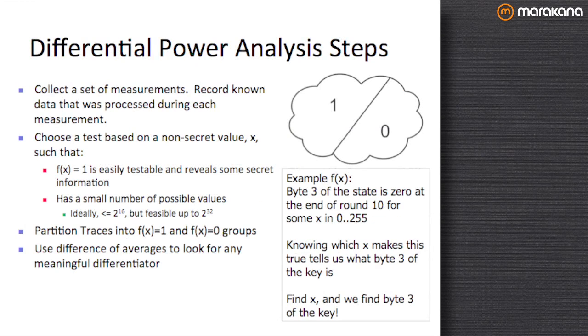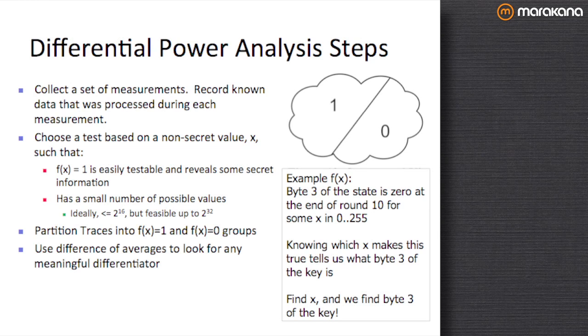But if you put together a statistical method where you take the sums of where you partition the data, take the set of measurements, record the data itself, and then record it along with the ciphertext or the plain text.